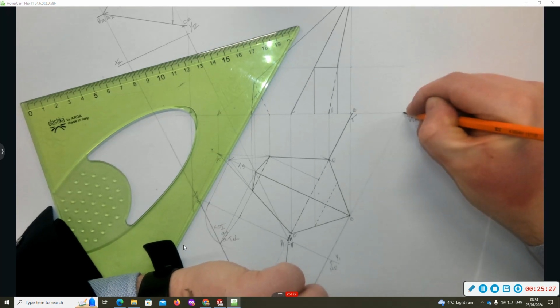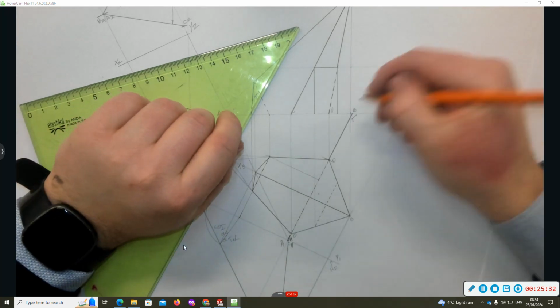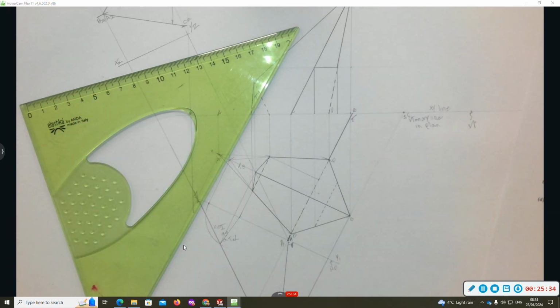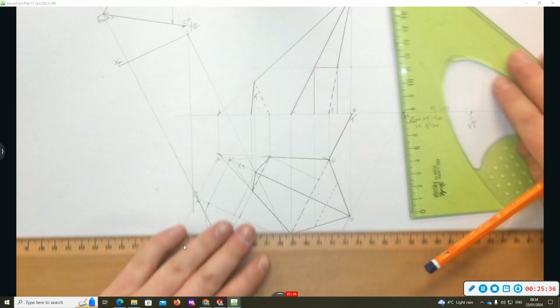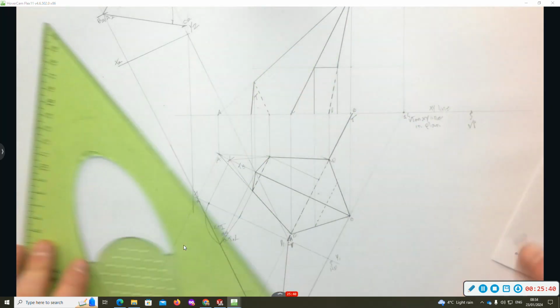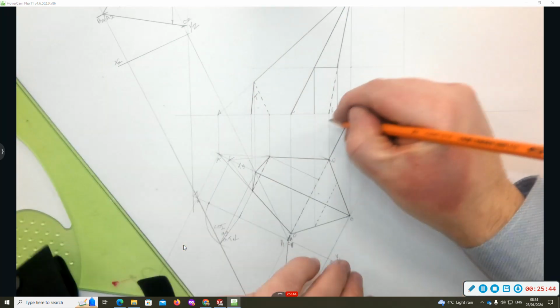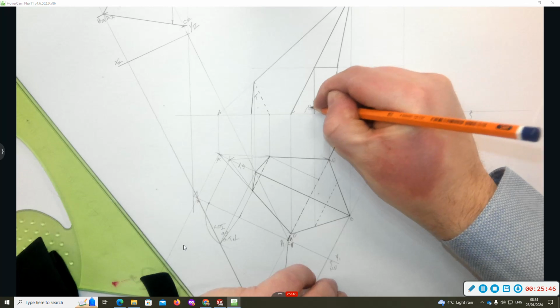So here's a point on the VT, number 1 we'll say. And this is point E. Now I want to get the elevation at that point. Now I'm going to project this up. Now in plan view, I went parallel to the HT from point B. And the HT is on the XY line elevation.